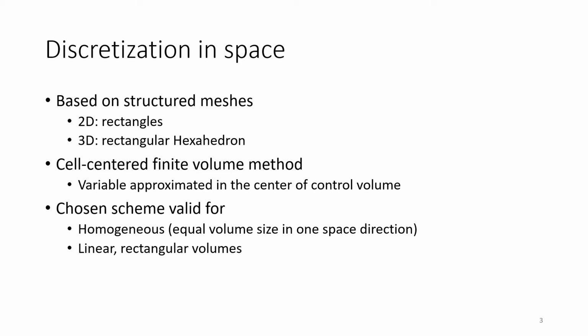The X and Y direction can still be different, but in each direction, so in X or in Y direction, all cells have the same length or width. And this is because it's based on these raster maps, and this is how raster maps are structured in GRASS GIS. So this is fulfilled every time, and it's a very convenient choice here based on the numerical method.